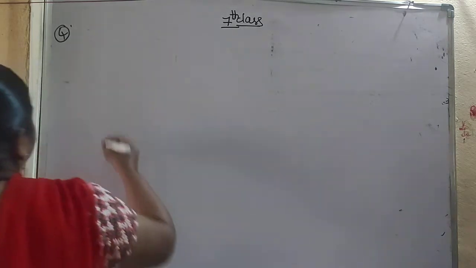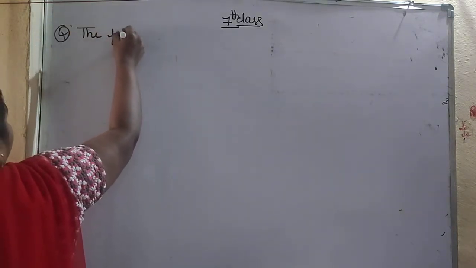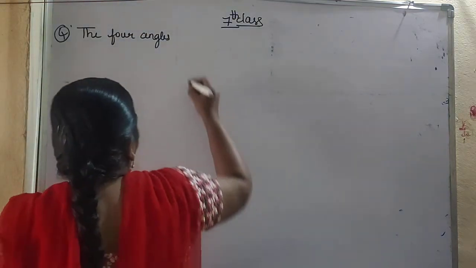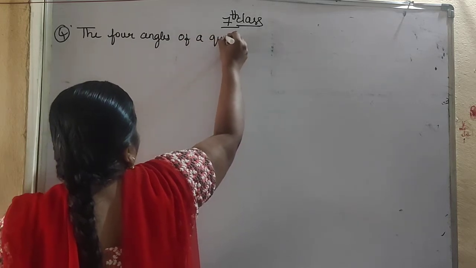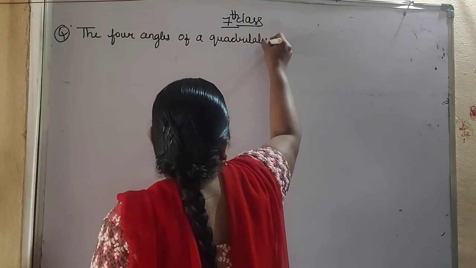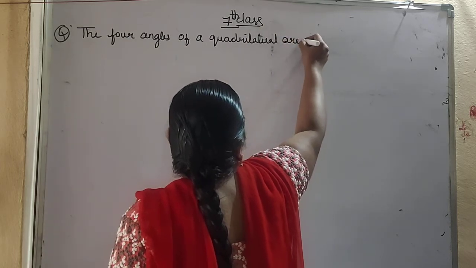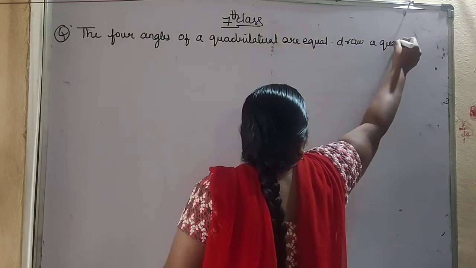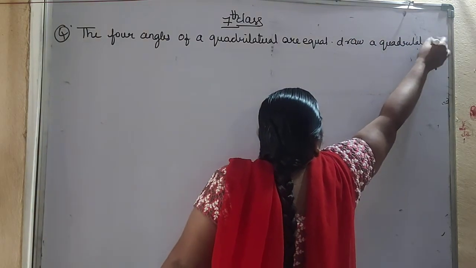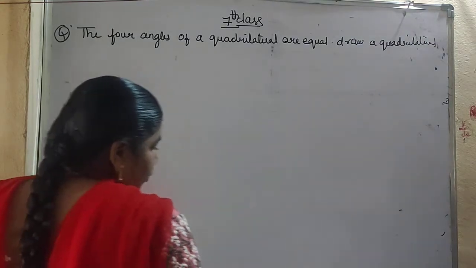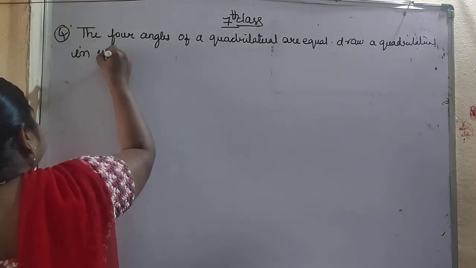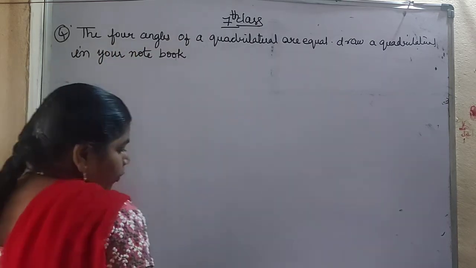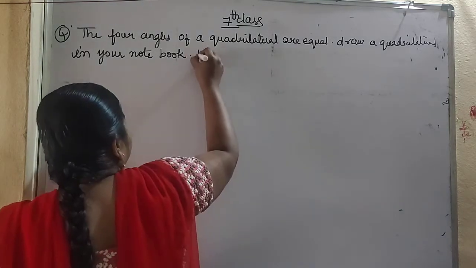So here, the four angles of a quadrilateral are equal. Draw a quadrilateral in your notebook and find each of them.